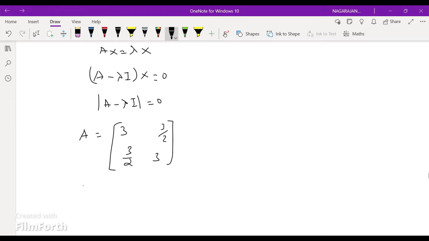So A minus lambda I equals [3 minus lambda, 3/2; 3/2, 3 minus lambda], equal to 0.